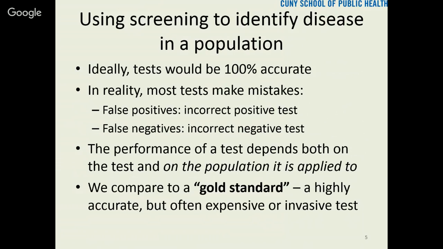The more healthy people you have, the more important that performance on the healthy people is, that specificity, the ability to say you don't have the disease. So in a very, very low prevalence population, that specificity is extremely important. Whereas if you have a high prevalence disease, then that sensitivity, that ability to detect the disease in people who have it, becomes more important.